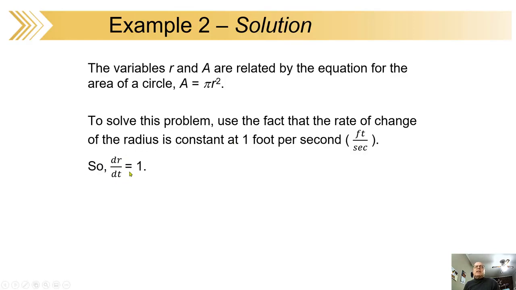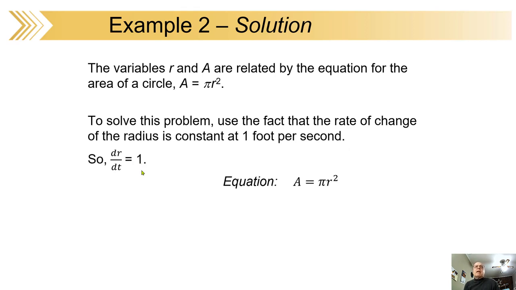So dr dt, this right here, the radius is changing at 1 foot per second. This is just another way of writing: radius is changing at the rate of 1 foot per second. So that's one of those things you want to write down as a given, only in symbolic terms. There's your equation.